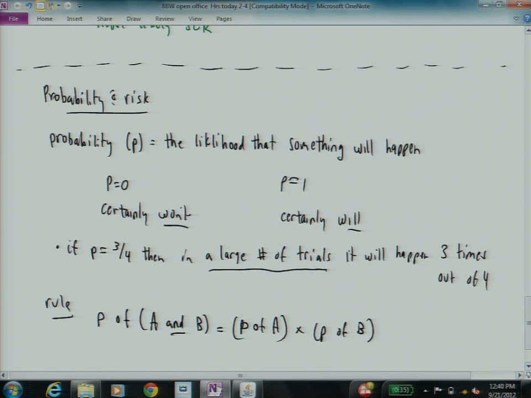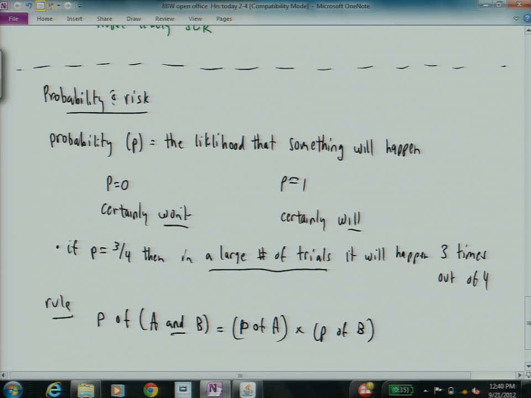If the chance of rolling a 6 on the dice is 1 in 6, and the chance of flipping heads on the coin is 1 in 2, the chance of rolling a 6 and flipping heads is 1/6 times a half, or 1/12. So when you have something and something else, then you multiply. When it's something or something else, it's a little more complicated. The simplest case in probability is if you require both to happen, the chance is the product of those two. So let me give you a nice concrete instance.